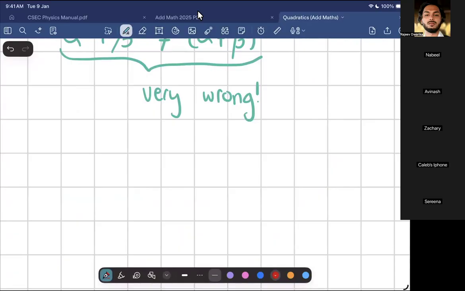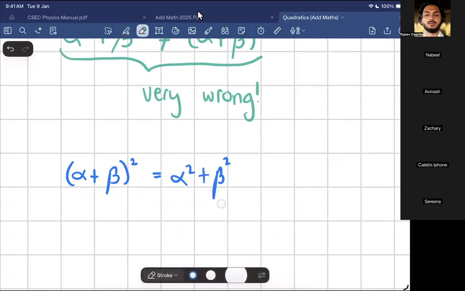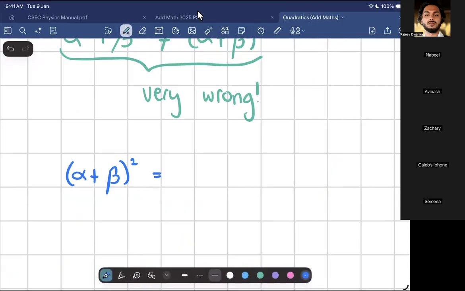Let's look at what alpha plus beta all squared means. We just said that it is not alpha squared plus beta squared, right? Yes, sir. Well, let me see what it actually is. Question, if I asked you what is 5 squared, what would you tell me?